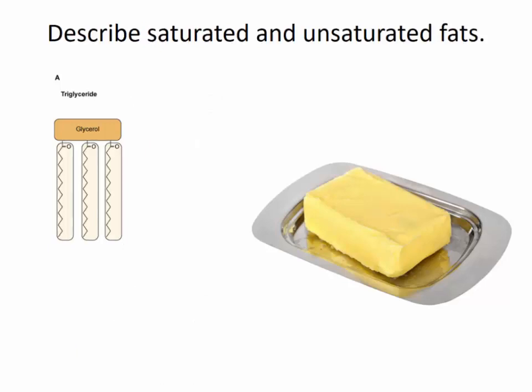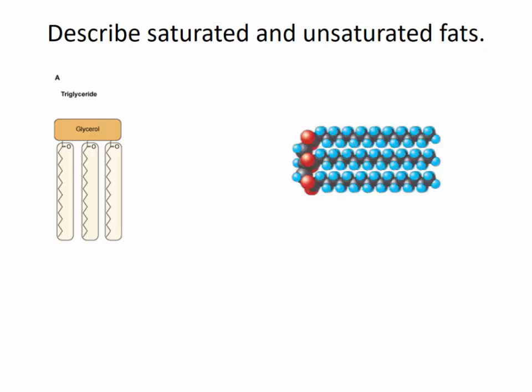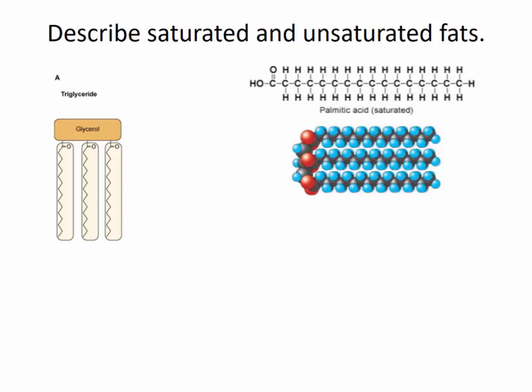So let's describe saturated and unsaturated fats. When we're discussing saturated and unsaturated fats, what we're discussing are the fatty acids bound to the triglyceride. Here we have a triglyceride shown where the atoms are little bubbles to give us more of a 3D image of what the triglyceride looks like. If we were to look at each of those fatty acids, they look like this.